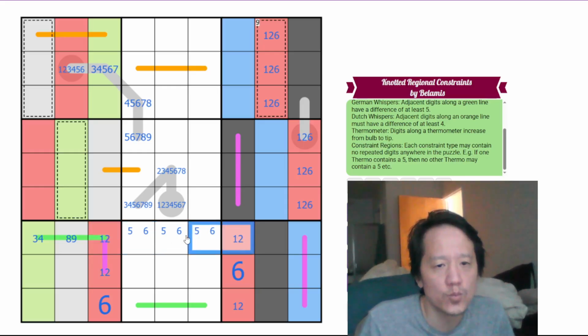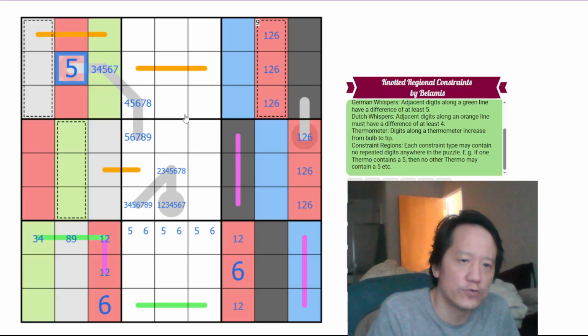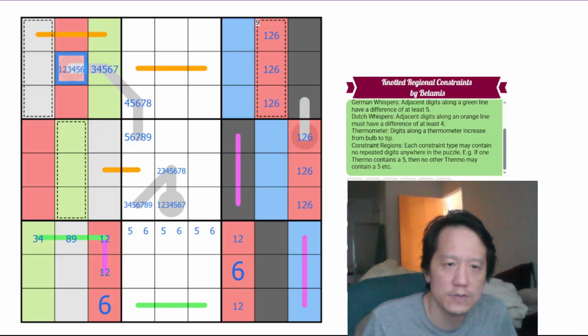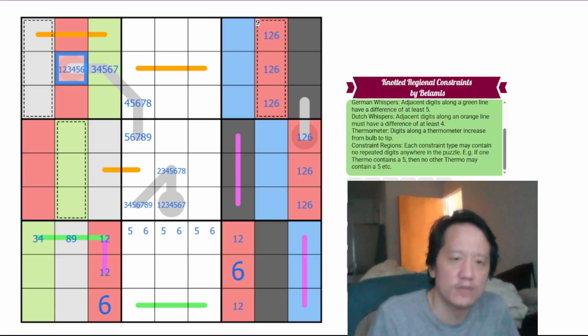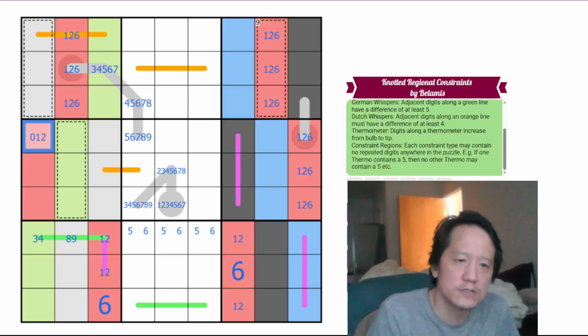Hmm. So this is not 3, 4, not 3, 4, 5. So this is 1, 2, 6, 1, 2, 6, 1, 2, 6 here, which eliminates 6 here.